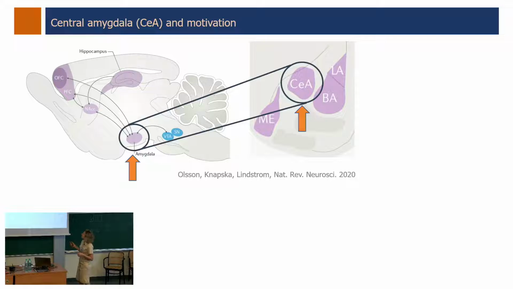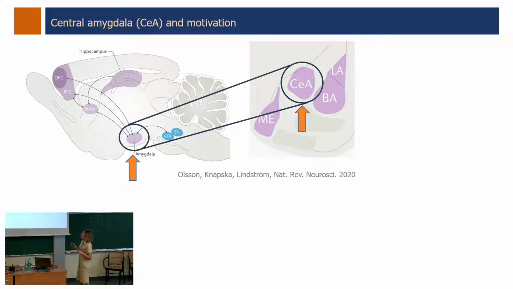There are two main parts: the basolateral one, which we say is cortex-like, meaning that about 80% of cells are excitatory neurons, and another part, including the central amygdala, which is striatum-like, meaning that about 80% of cells are inhibitory neurons. So morphologically, these parts are different.